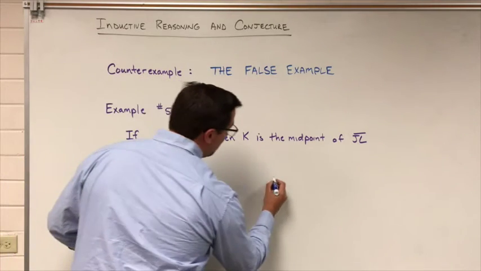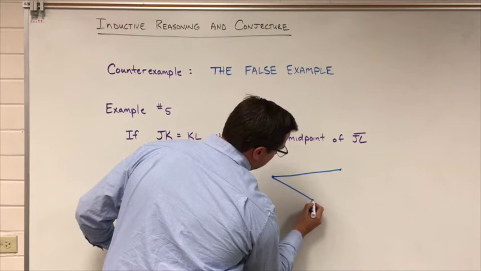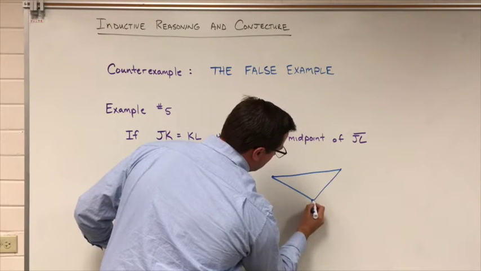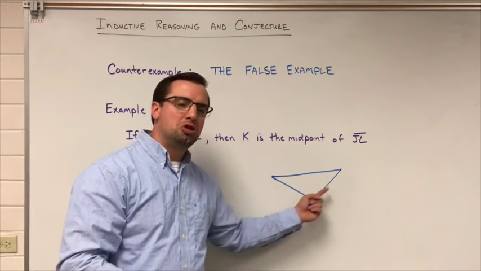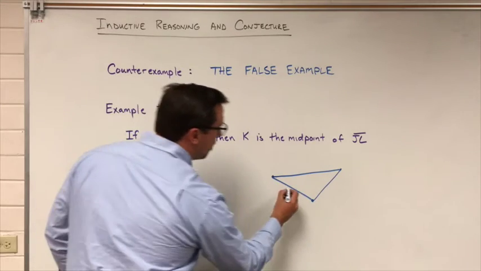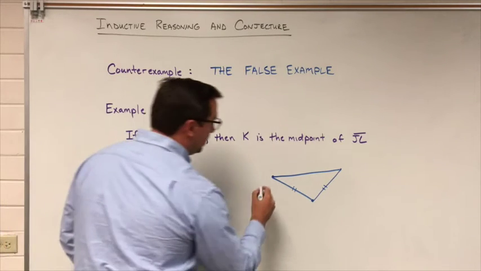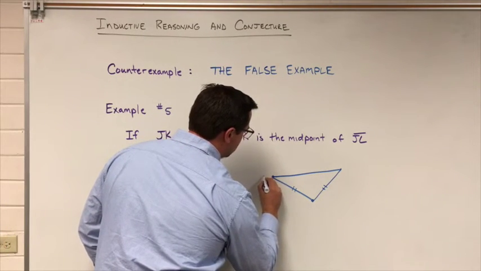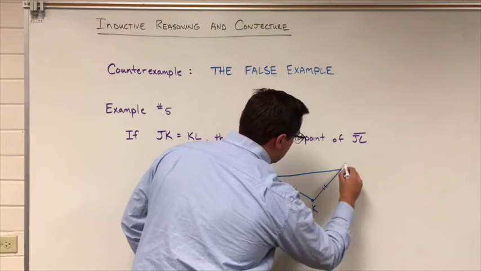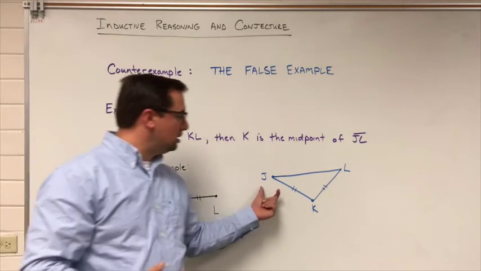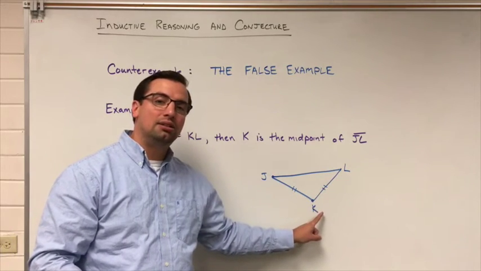Let's see. What if I drew a triangle? Now, when we look at this triangle, it looks like these two sides here could be the same length. I'm going to mark them the same length. And I am actually going to write here J, K, and L. In this picture, we see that segment JK is congruent to segment KL.